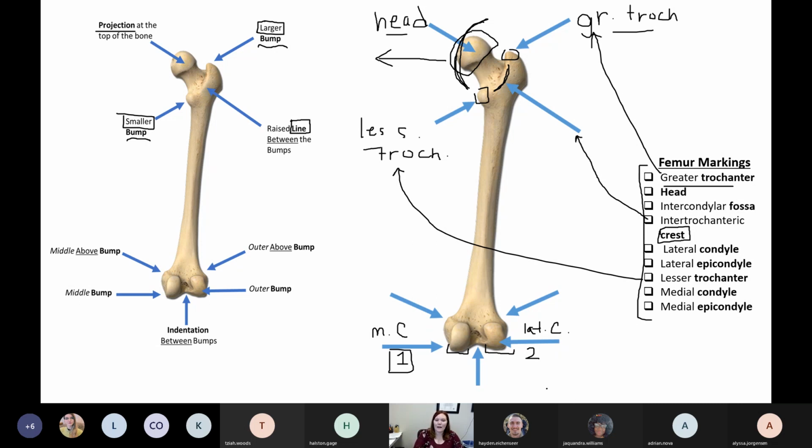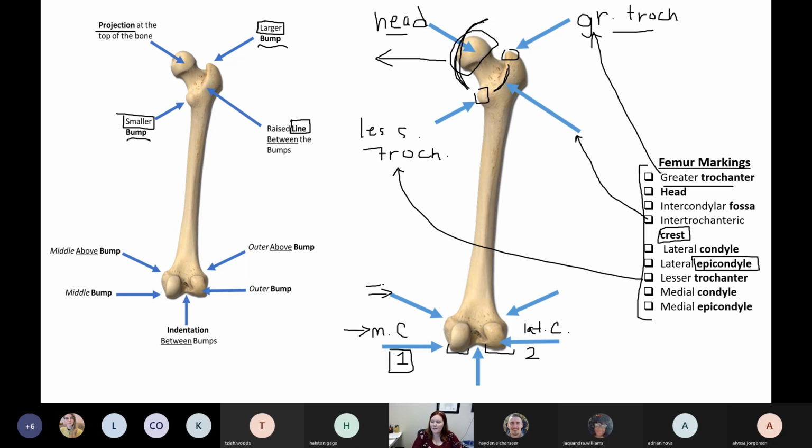Notice that I also have things that are above these condyles called epicondyles. Epi means above. So if this is my medial condyle, do we think that this is the medial or lateral epicondyle?